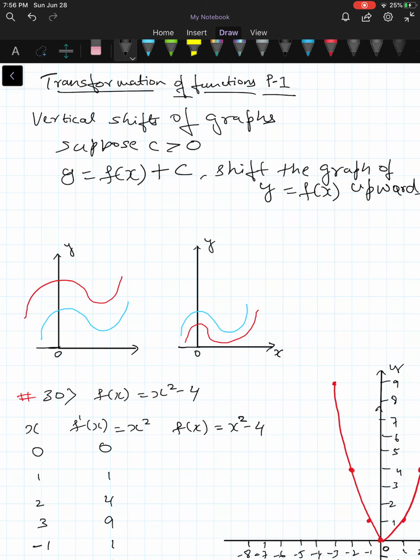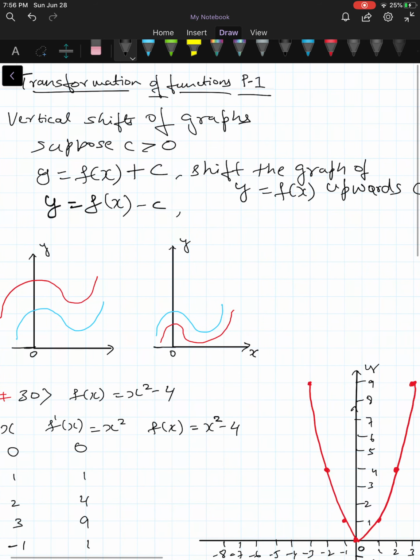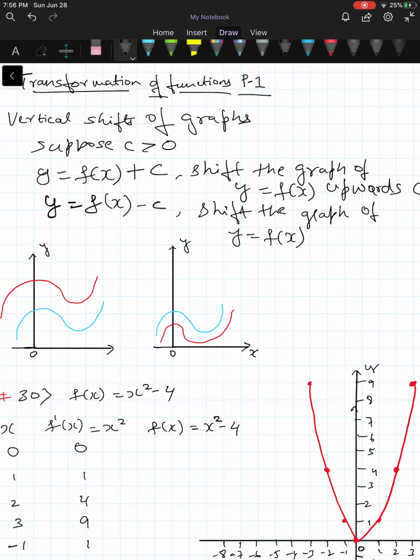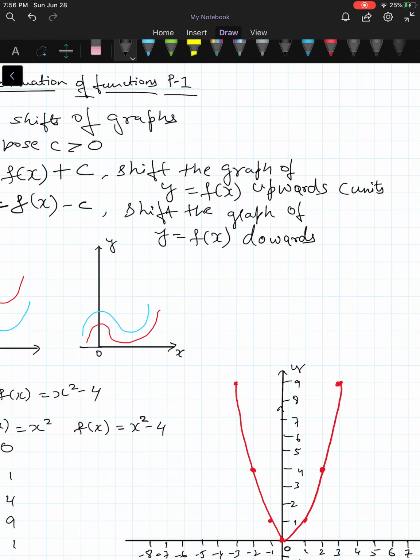Similarly, to shift the graph below the original graph, you have to subtract c. That would be y is equal to f of x minus c, and this operation shifts the graph of y is equal to f of x downwards c units.